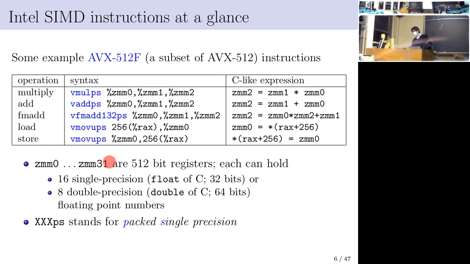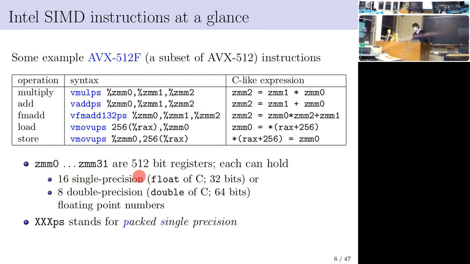This ZMM is a 512-bit register, so each of them can hold either 16 single precision floating point numbers or 8 double precision floating point numbers. So 32 bits multiplied by 16, or 64 bits multiplied by 8. Either way, it's 512 bits, right? So this single SIMD instruction will perform 16 single precision multiplications.